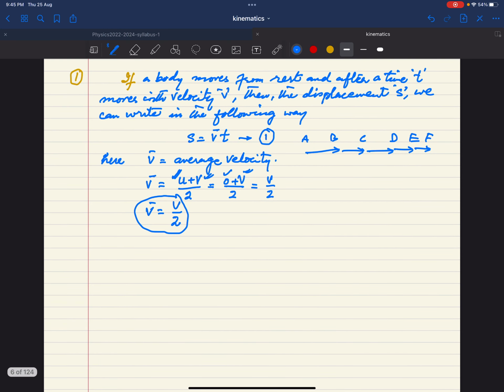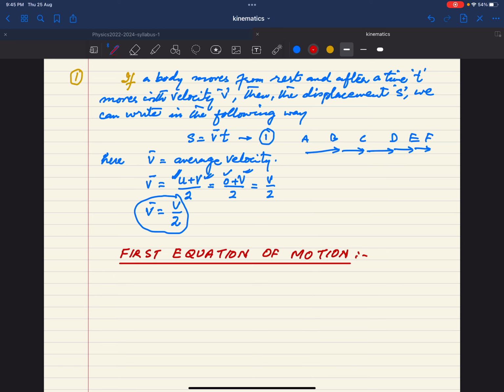Now as far as your first equation of motion is concerned, how can we get this equation? We can start from the concept of acceleration.